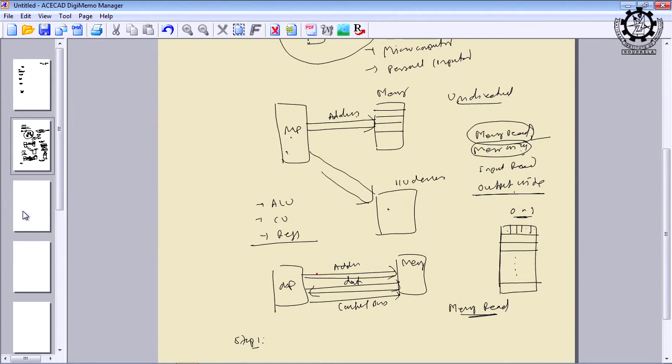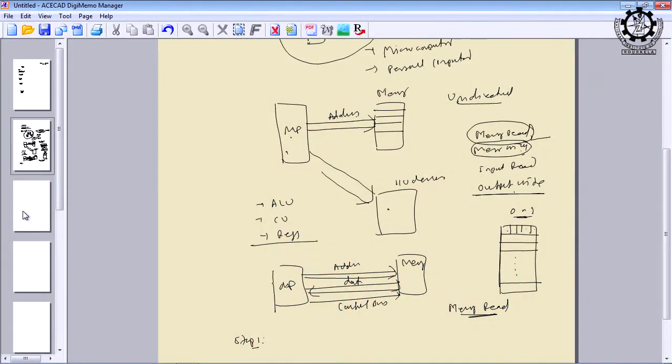It has to identify which location contains the data, from where it will read the data. Therefore, the address is important. You may be asking, where does the microprocessor get this address? That we shall discuss. It can be given by the operating system, or by the programmer himself, or by a system routine. That we shall see afterwards.